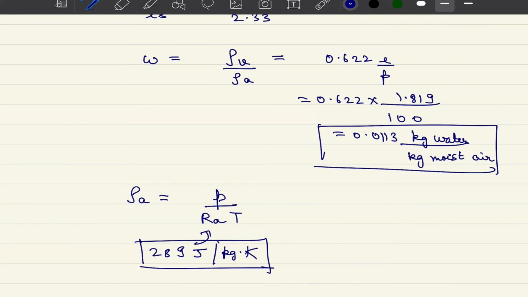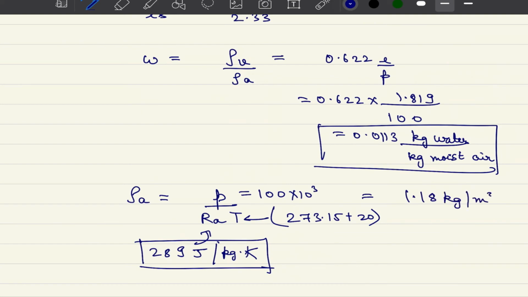If it is not known, we already know the universal gas constant divided by the molecular mass of the gas and can calculate the value. And here temperature has to be in kelvins. So this would be 273.15 plus 20, which is the actual air temperature. Pressure we just calculated as 100 into 10 to the power 3. Upon simplifying, we get this answer as 1.18 kg per meter cube.